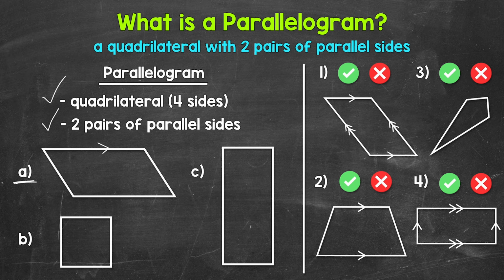So let's use one arrow symbol on this side and this side to show that they are parallel. Now for the other sides, we have another pair of parallel sides. We need to use two arrow symbols on these sides since this is a different pair of parallel sides. So two arrow symbols here and here. So we can see that we have two pairs of parallel sides.